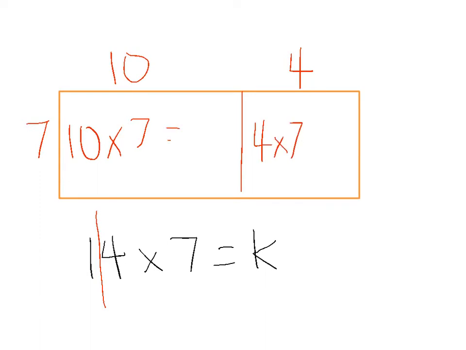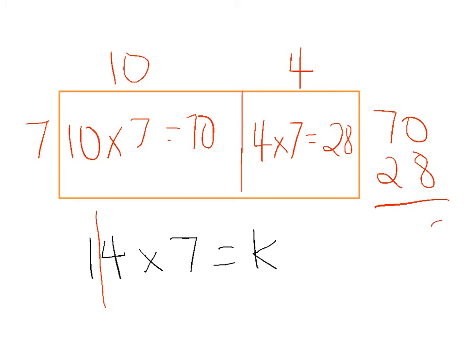So we then ended up with 10 times 7 is 70, and 4 times 7 is 28. And then we'd add those two numbers together. 70 plus 28 equals 98. So K equals 98.